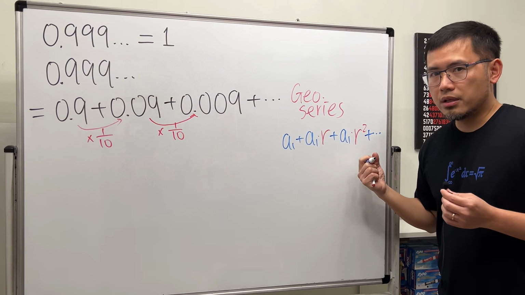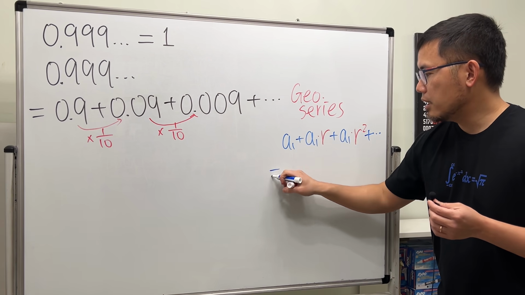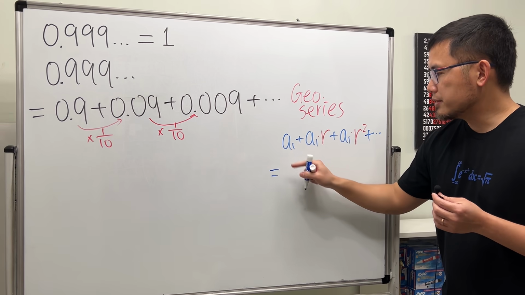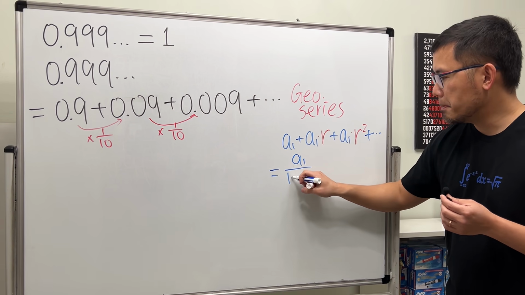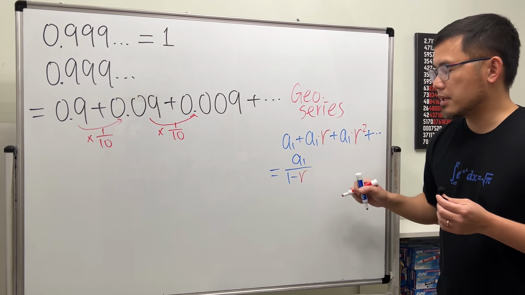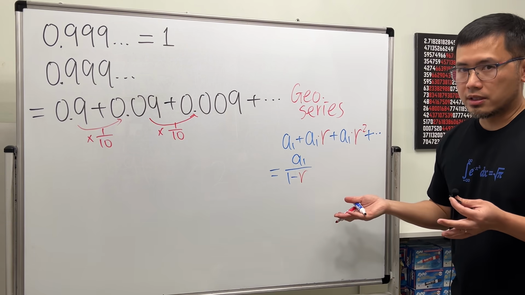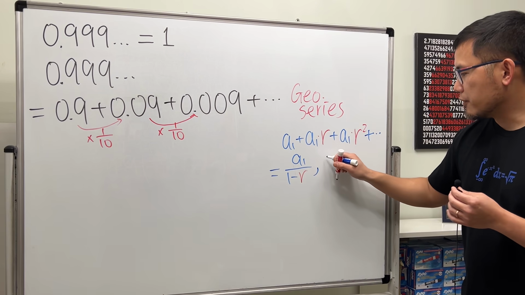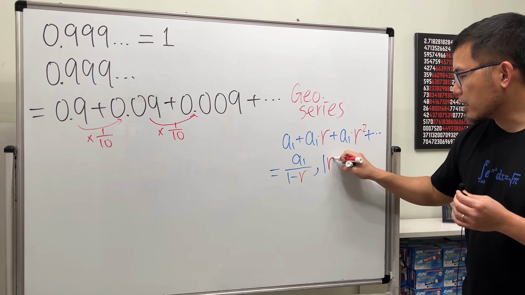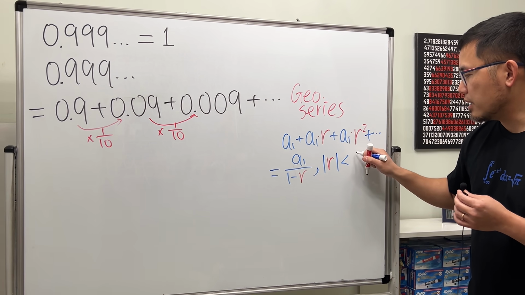If this does converge, then it will converge to the first term, a1, over 1 minus the common ratio r. But what's the condition for this to converge? I will tell you. This will converge if the absolute value of the common ratio is less than 1.